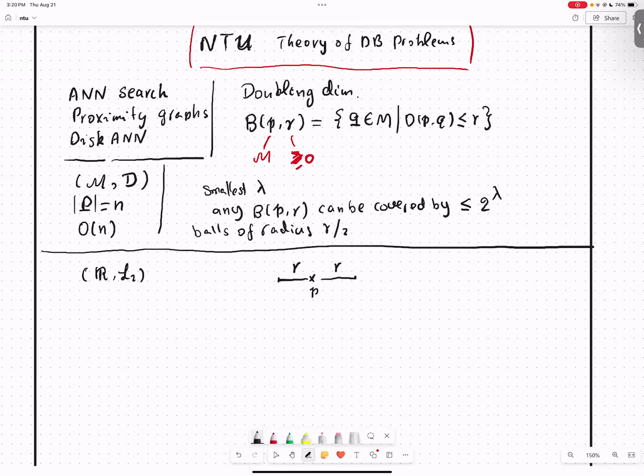So here is an interesting brain teaser, right? Look, if I say, look at a ball of radius r by 2, so that's essentially an interval of length r. You see what I'm saying? Okay. So how many intervals of length r do you need in order to cover this interval, which has the length of 2r?